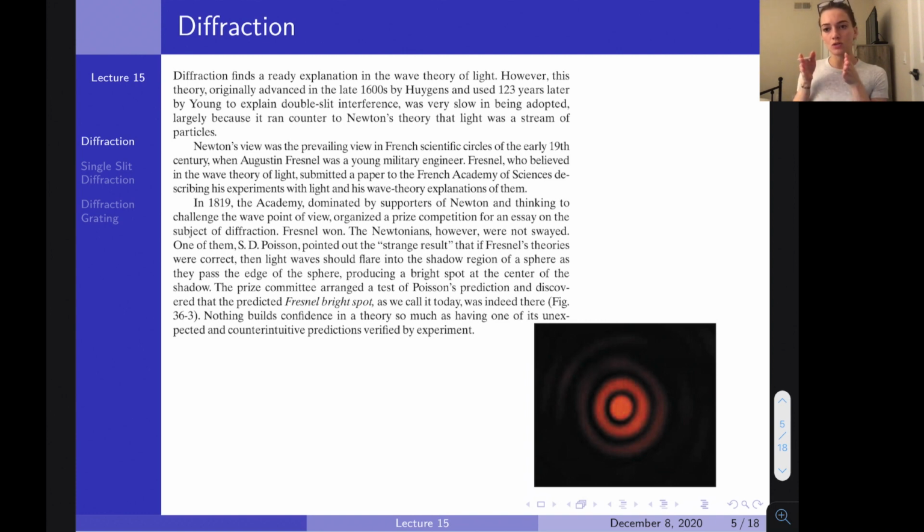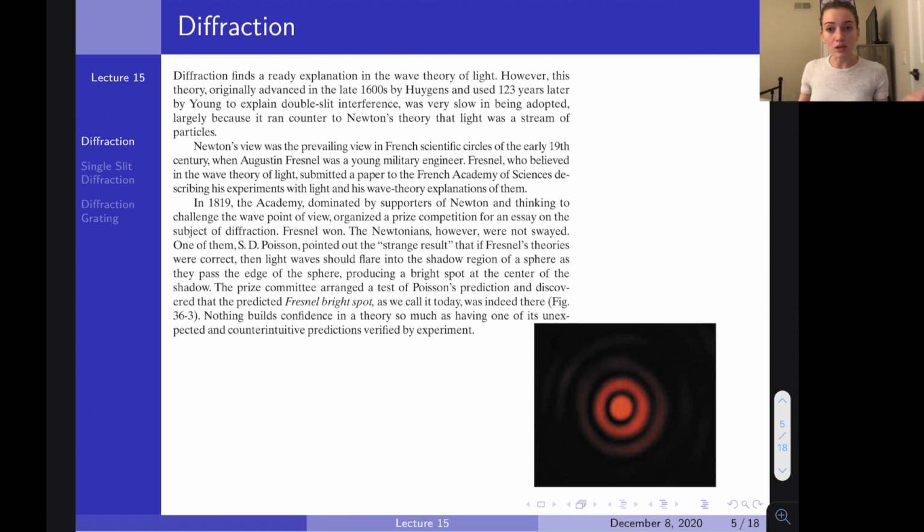You'd expect them to just go straight past the sphere, and directly behind the sphere it would be just dark, right? There'd be no bright spot behind the sphere. But if you use a wave theory of light, you can get this little bright spot behind the sphere where the waves sort of curl around the sphere and then interfere constructively. So Poisson pointed out that this would happen if Fresnel's theory of diffraction with light as a wave was correct.